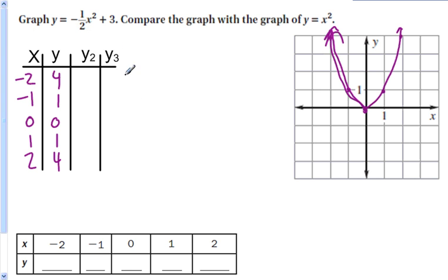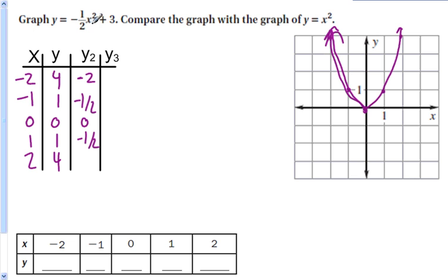So if we want to show how these transformations take place, we start with our stretching. I'm going to take all these y values and multiply them by negative 1/2. So 4 times negative half gives me -2. 1 times negative half gives me negative 1/2. 0 times negative 1/2 gives me 0. 1 times negative 1/2 gives me negative 1/2.